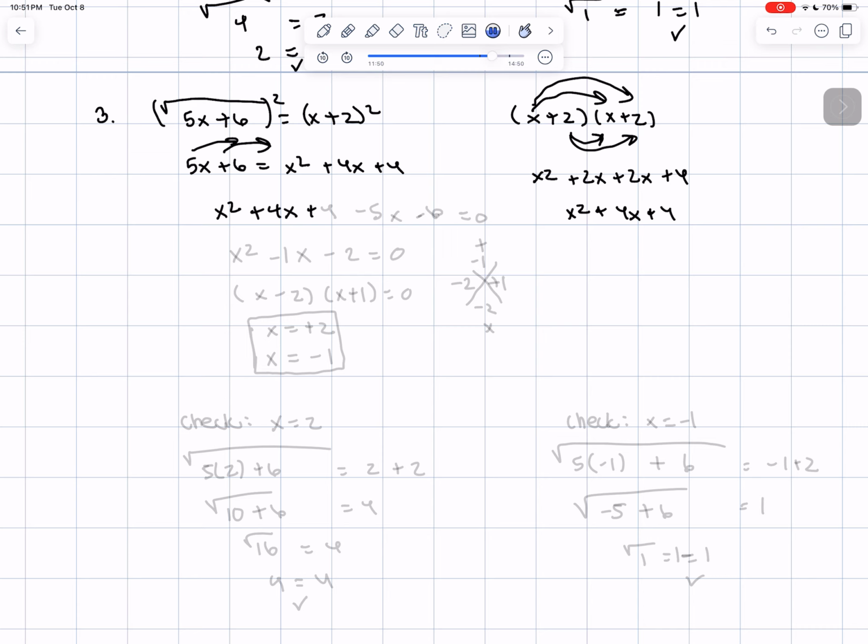This has gotten really repetitive, so it should make sense by this third problem.